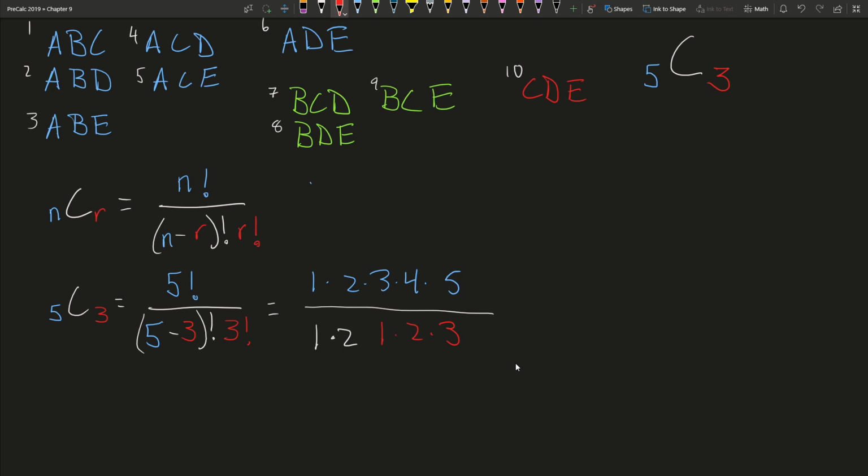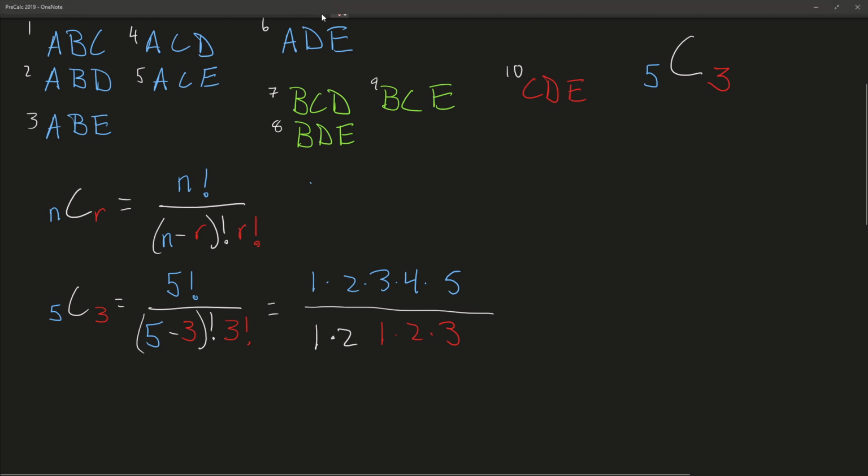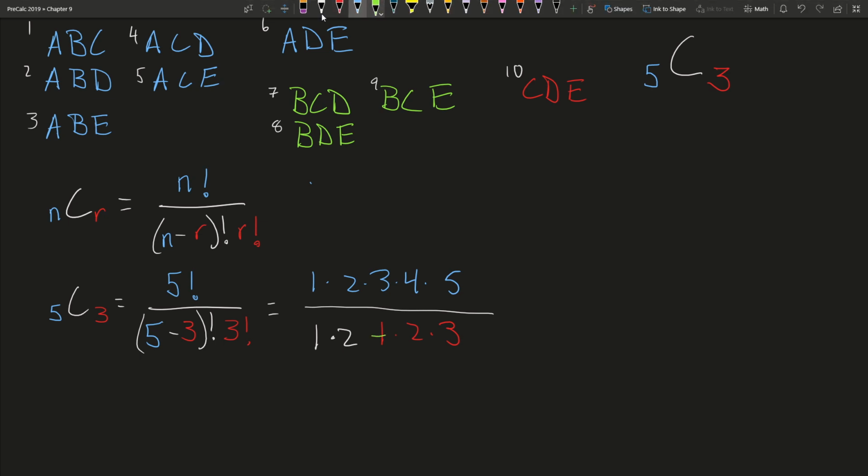Okay, so if we simplify this, we can cancel out common terms. So we get 20 over 2 which is equal to 10, which is the same answer that we got above.